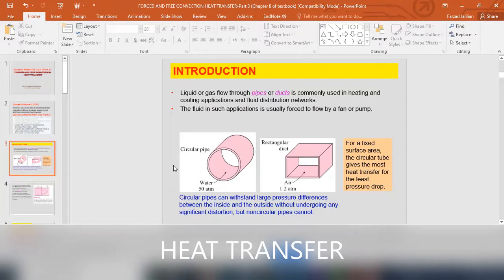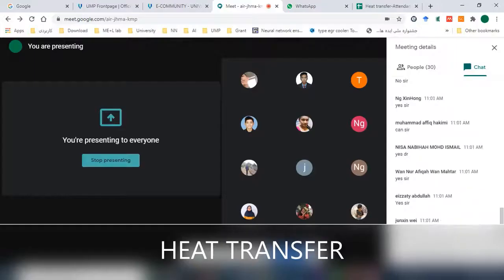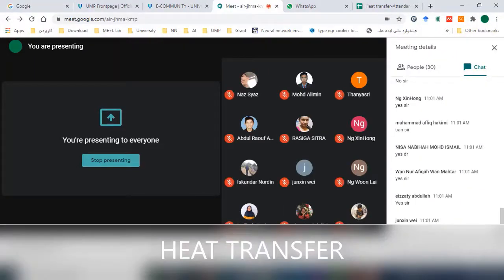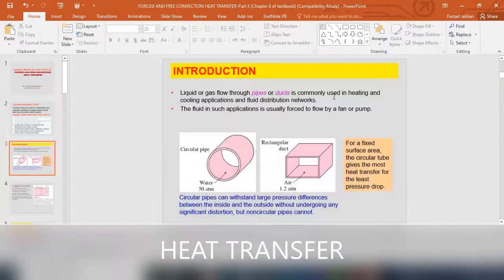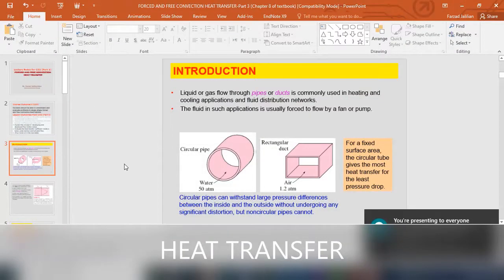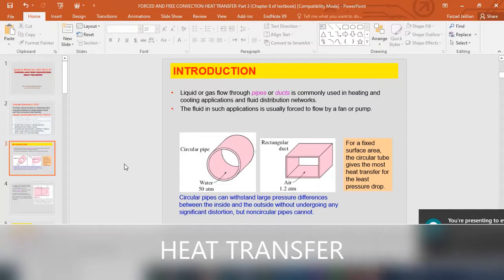Usually the pipes used for heat transfer in different devices with this internal flow are designed as circular pipes because their heat transfer is the maximum. And also its pressure drop.